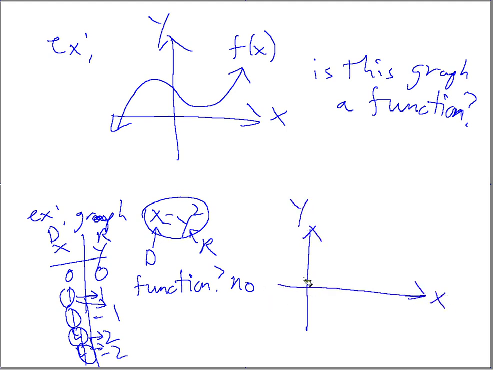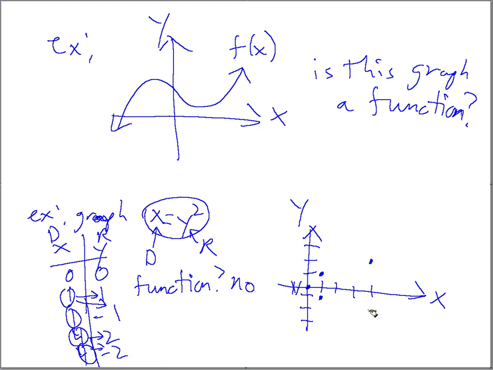All right, so let's see here. 1, 2, 3. 1, 2, 3, 4. Let's plot 0, 0. So there's 0, 0. Let's plot 1, 1. Here's 1, 1. Here's 1, negative 1. 1, negative 1 is right here. Then 4, 2. So 4 for x, 2 for y, and 4 for x, negative 2 for y.